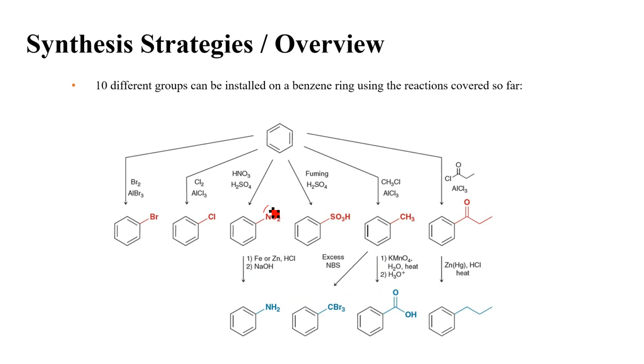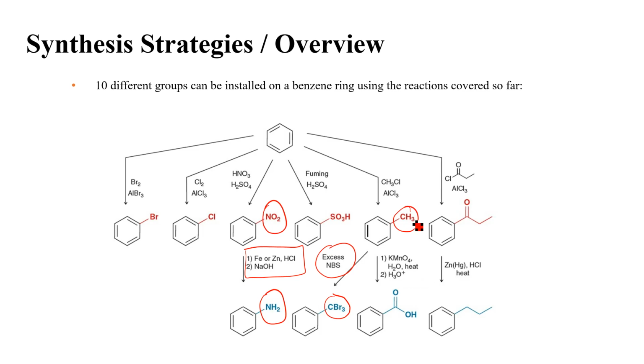If you want to reduce a nitro down to an NH2, we talked about what reagents do that. If you want to add Br groups to this CH3, you can use NBS. That's kind of obvious. We learned that you can functionalize a benzylic carbon using NBS or Br2 in light, right?